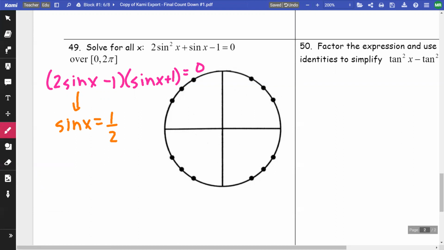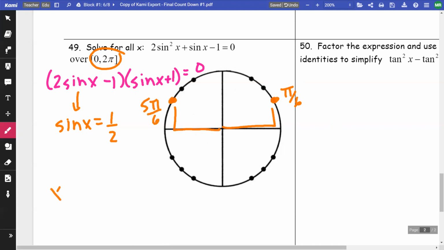So I'm going to try to figure out where sine x is 1/2. Sine is your y. We are looking from 0 to 2 pi. So I want long, short, basically. Long, short, but in the positive y. So this is going to be pi over 6. It's also going to be over here because this is long, short. It's a positive short. So this is 5 pi over 6.